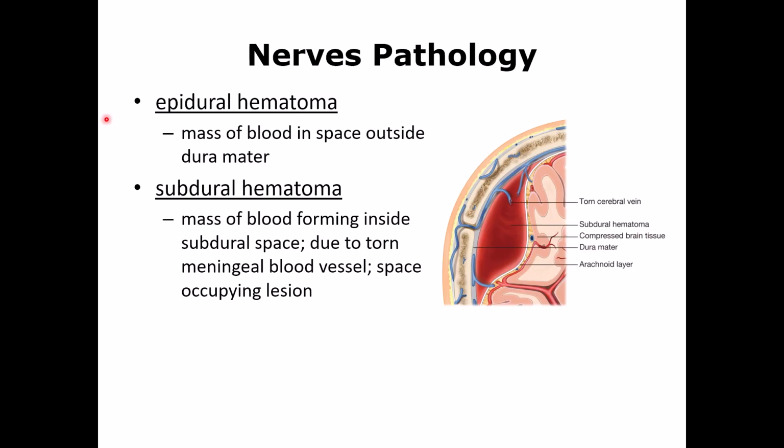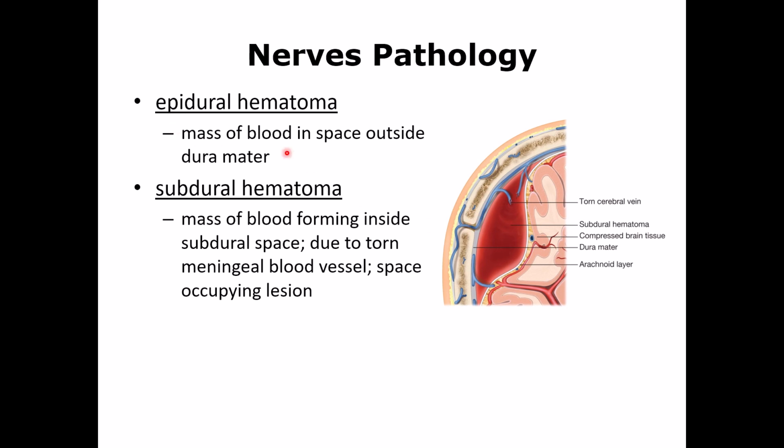This condition is due to skull damage, which may cause brain damage also. A hematoma is a collection of blood anywhere in the body, and in this case it is in the skull. Epidural is outside of the dura. The way they drew it here is not actually correct. If it's epidural, it should be around here, and subdural is this one.